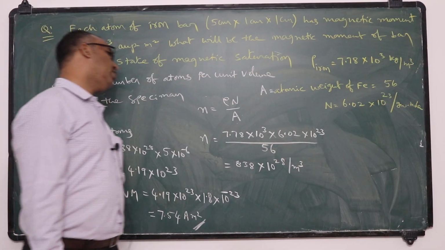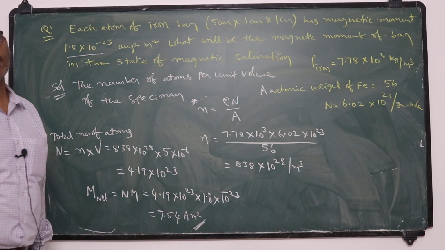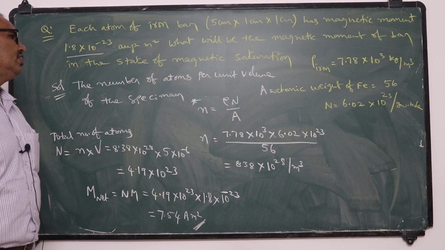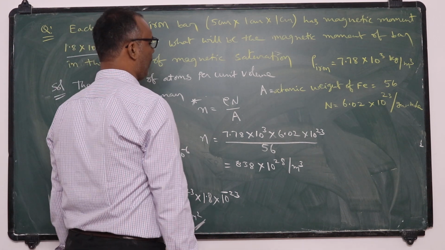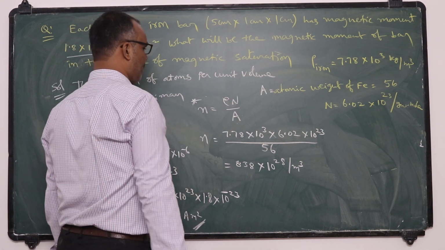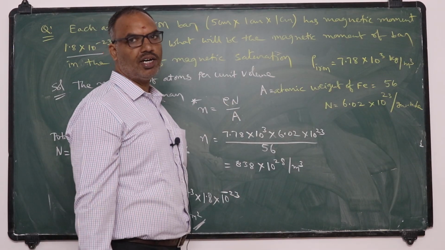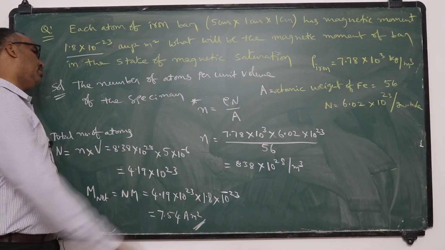So here the only point is how to calculate the number of atoms available per unit volume. Density into Avogadro number by atomic mass number will give the number of atoms per unit volume.